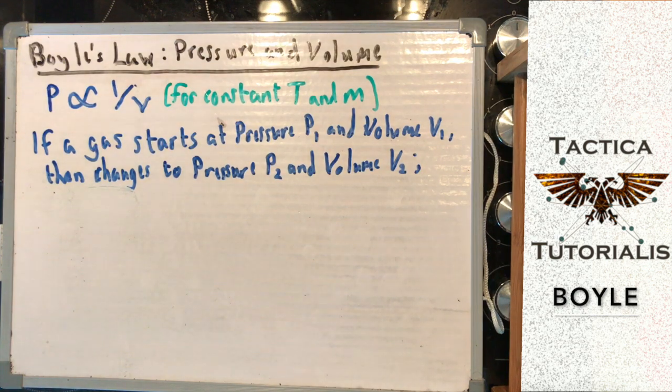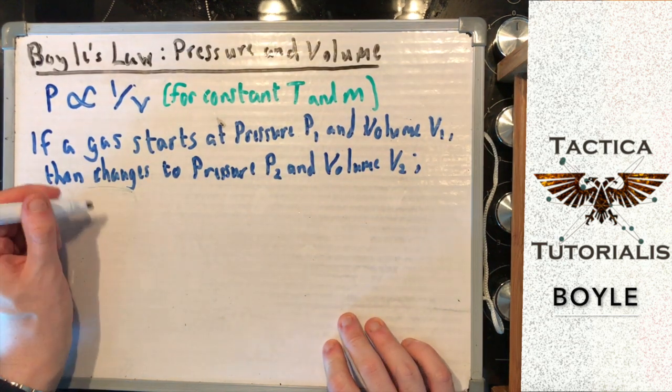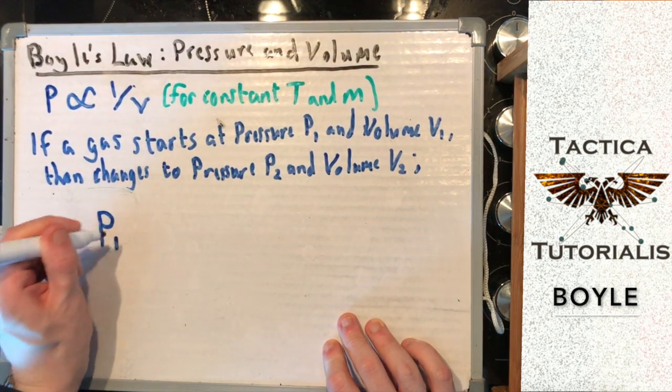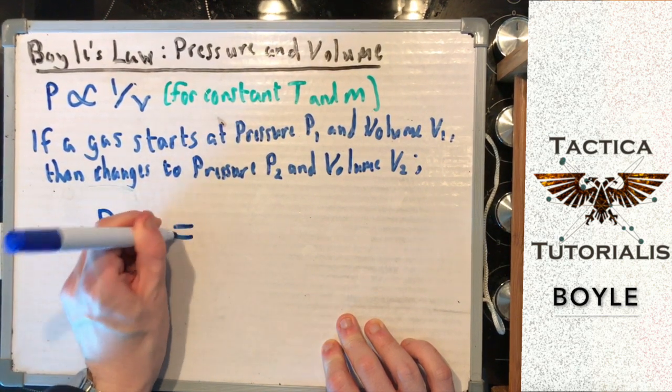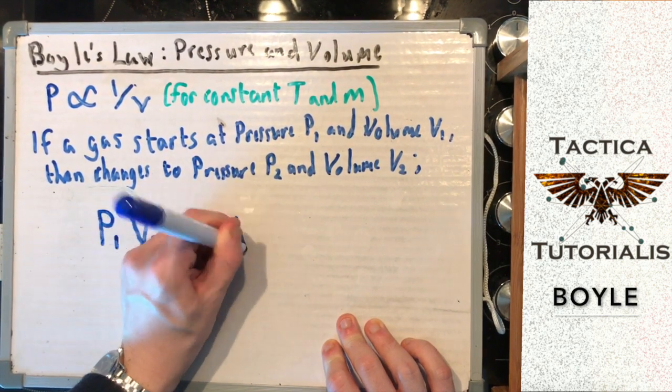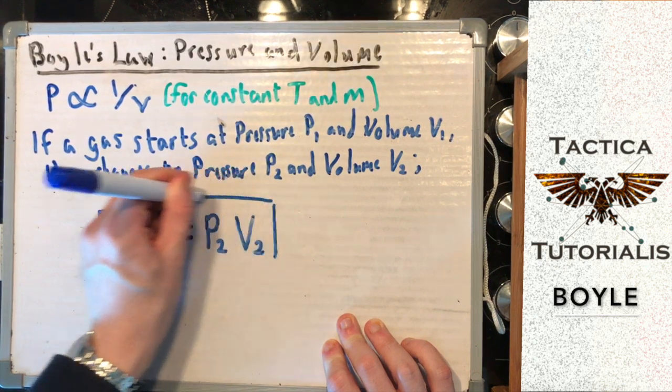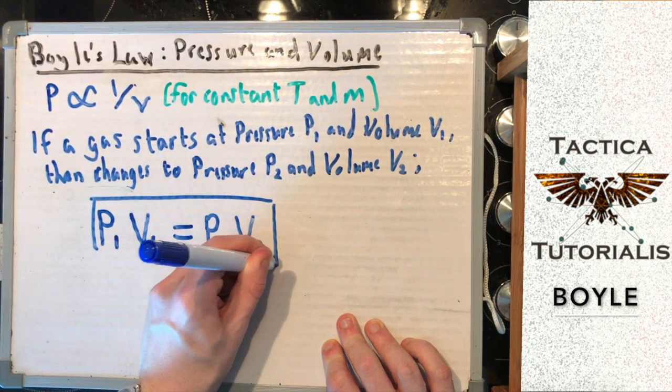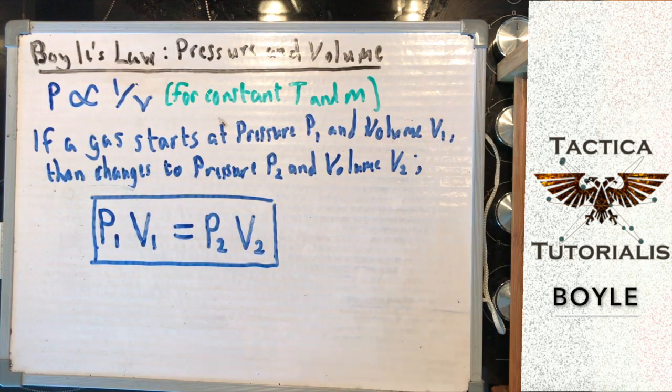What Mr. Boyle found out, this was done experimentally, so I can't give you a theory, you'd have to see it practically, was this: P1 V1 was equal to P2 times V2.